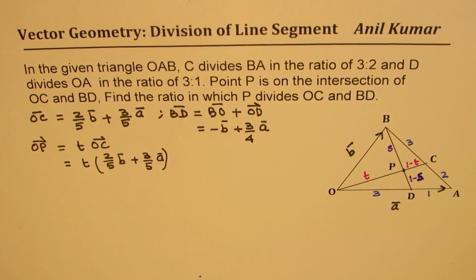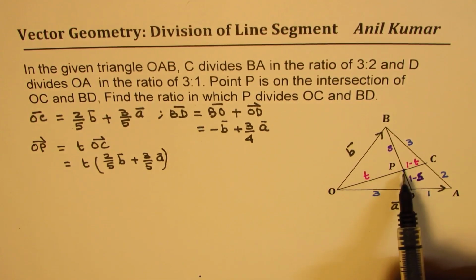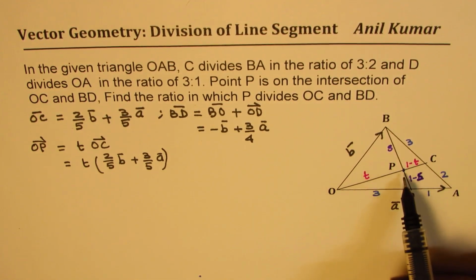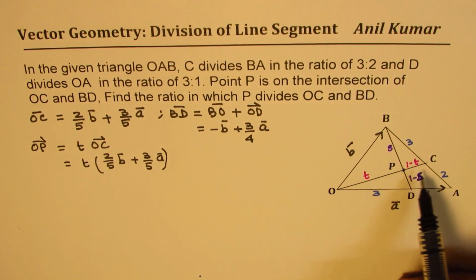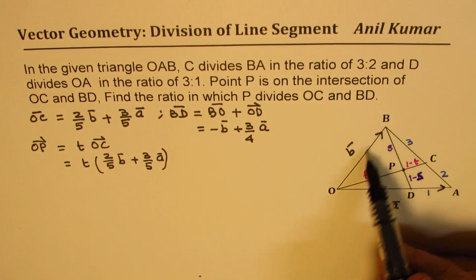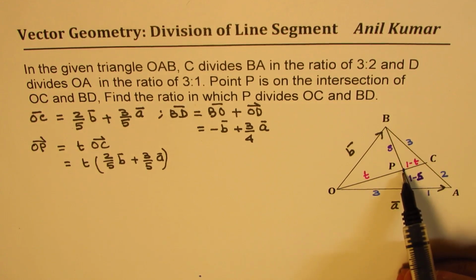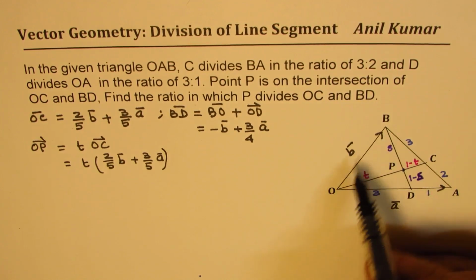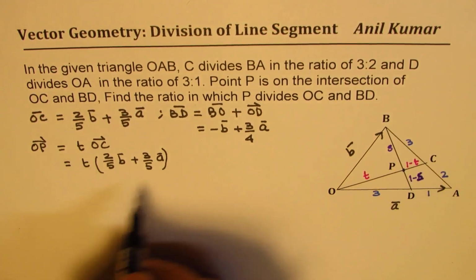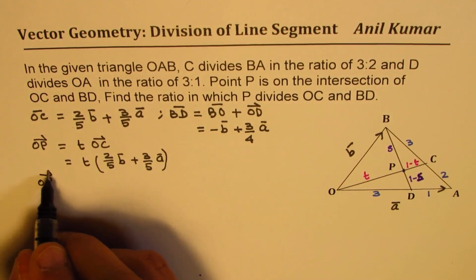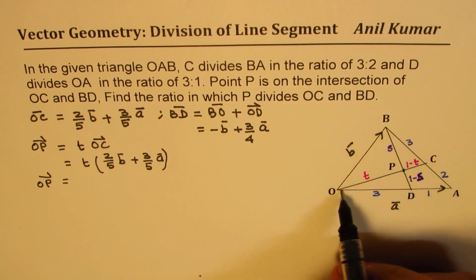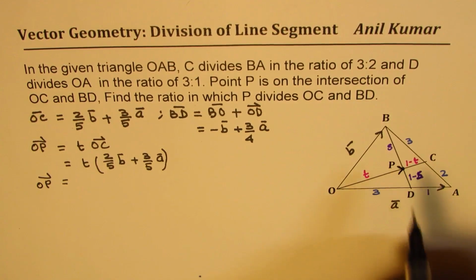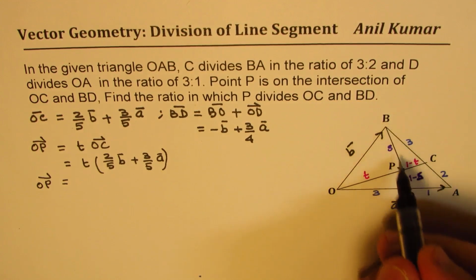Now, we could write OP also in some other way. So we can write OP as a combination of these two, right? So we can say OB plus BP. So we can also write OP, this vector, as OB plus BP.